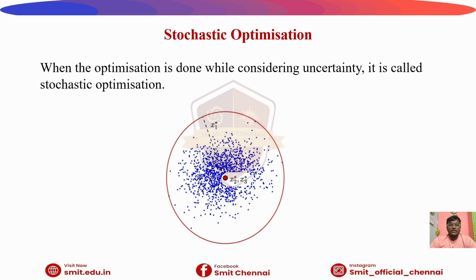Stochastic optimization incorporates probability distributions for uncertain variables, multiple possible scenarios, and risk preferences of decision makers. For example, optimizing inventory levels while accounting for uncertain future demand. That's stochastic optimization.